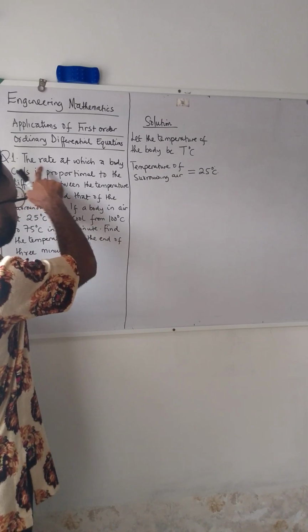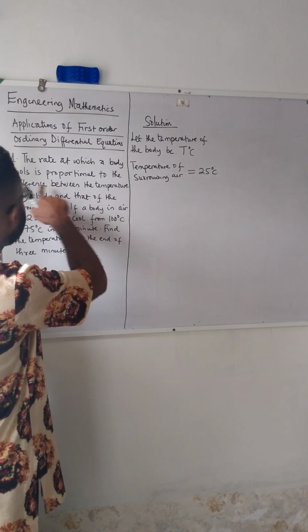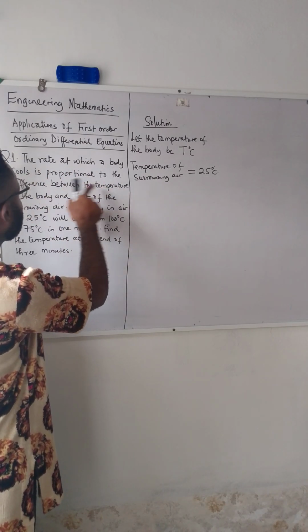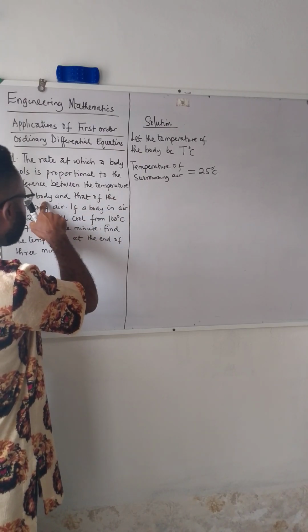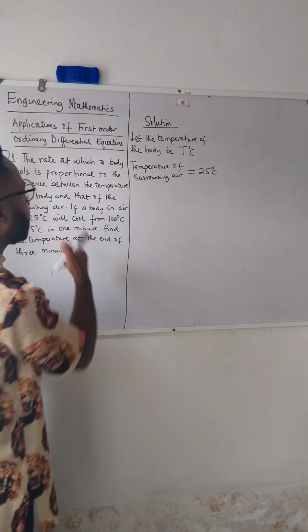Now if we look at this question, we are told that the rate at which a body cools is proportional to the difference between the temperature of the body and that of the surrounding air.